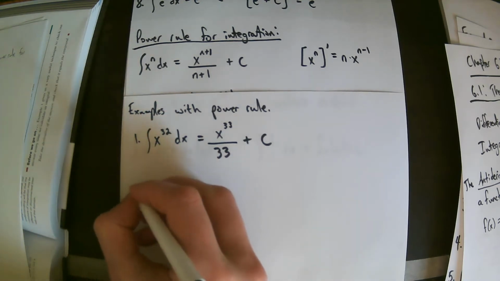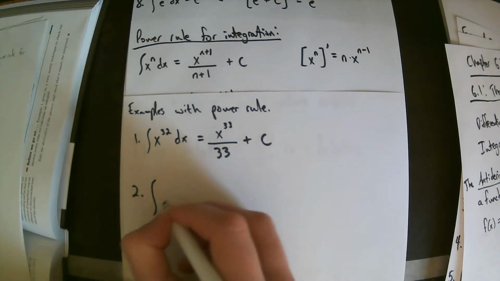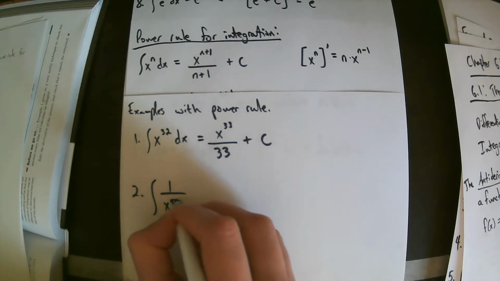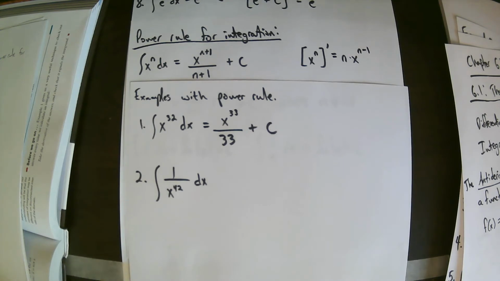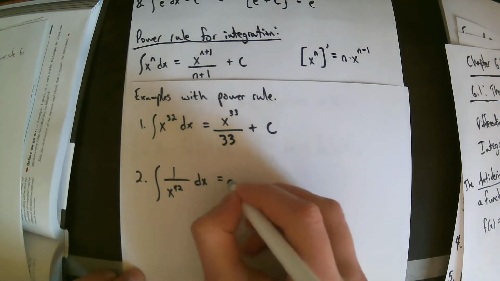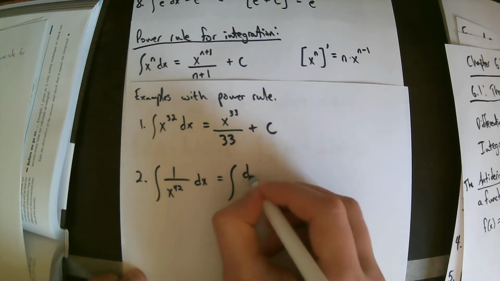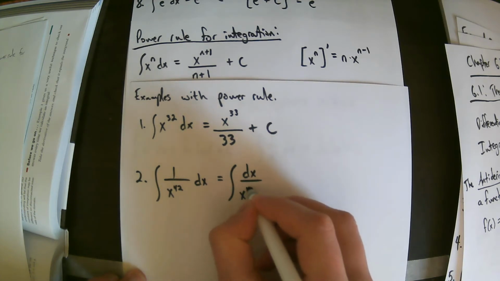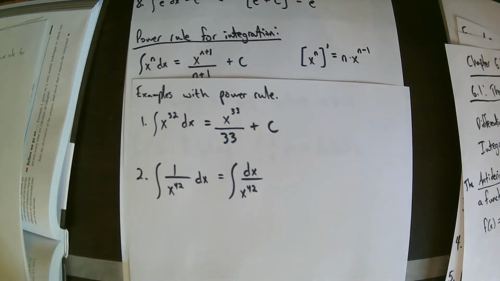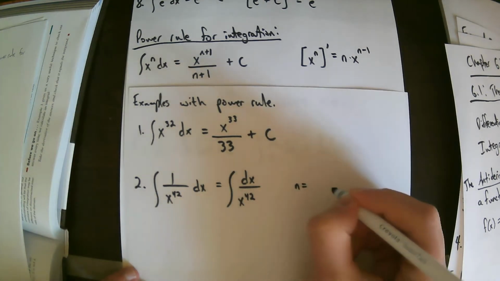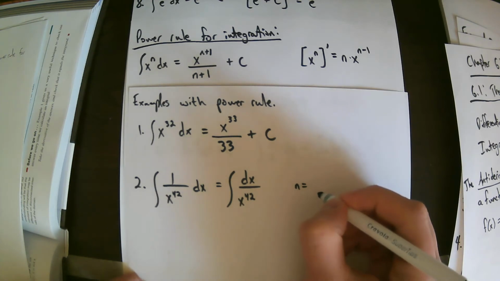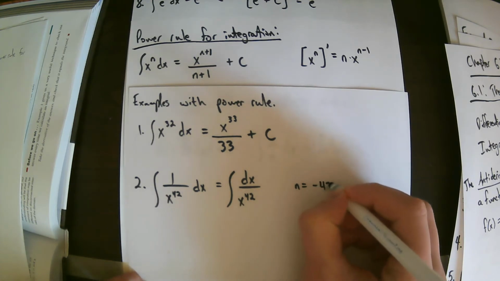Okay, how about the integral of 1 over x to the 42nd dx? By the way, sometimes this can be written as dx over x to the 42nd, just so you know. n here is not 42, it's negative 42.